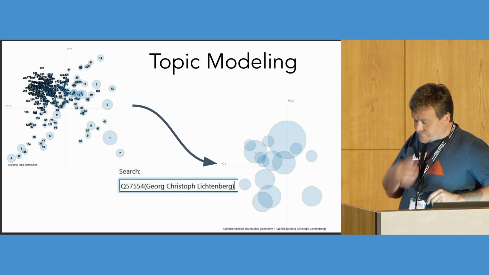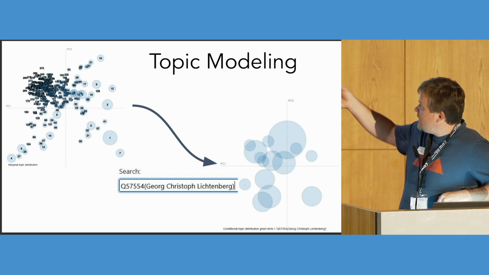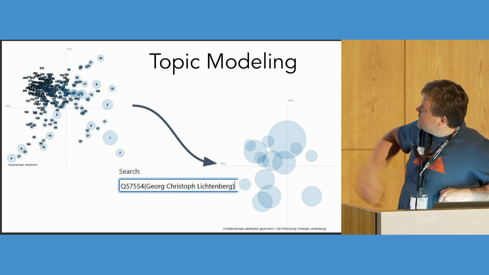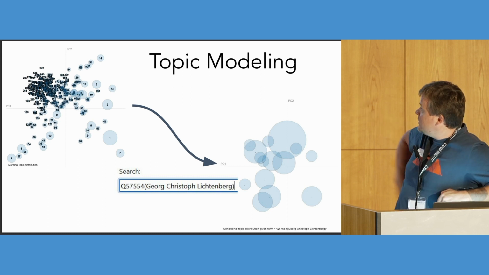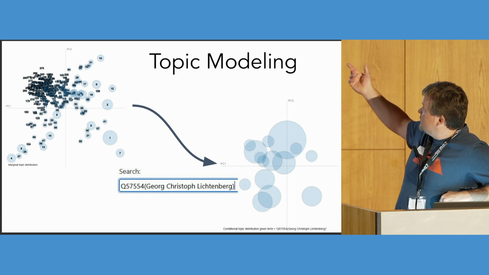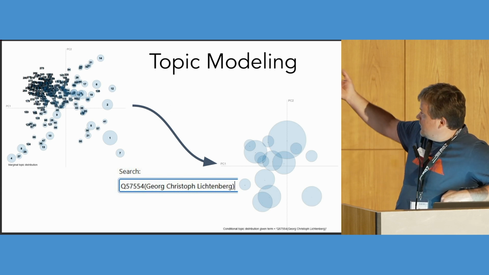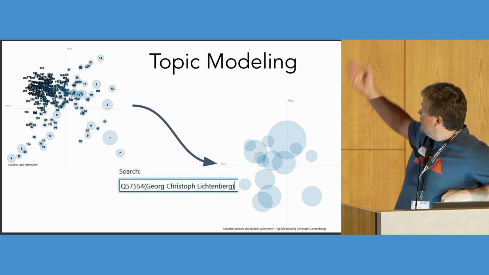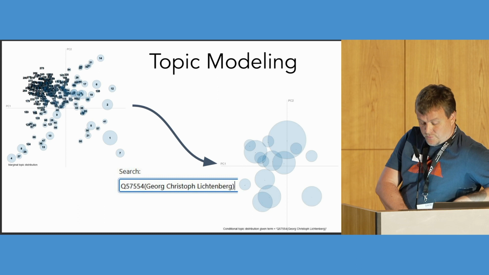And you end up, for example, if you use LDA, with some topic distribution, and you can do a search for a particular entity, and then you end up with a conditional topic distribution.